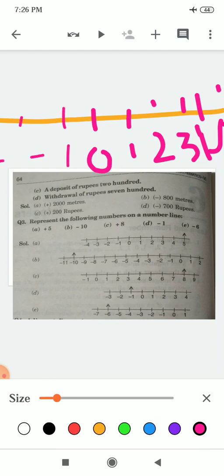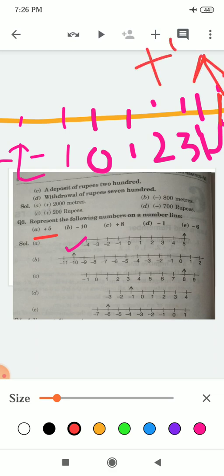Minus 1, minus 2 we have, again minus 3, minus 4, like this you have to take, like how they have taken. Now you have to represent plus 5. So here is plus 5. You will take one arrow up and you will write here plus 5. Like they have taken the arrow up but they have not written plus 5. You have to write plus 5 there also.